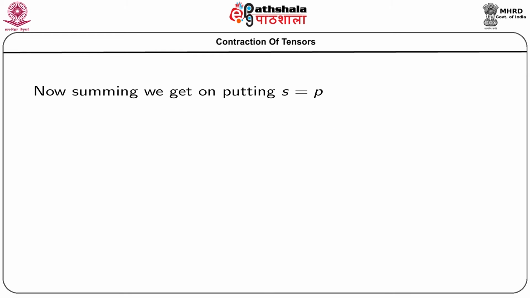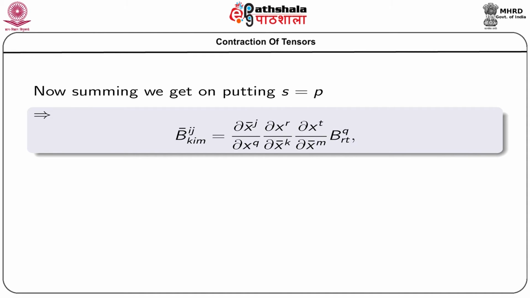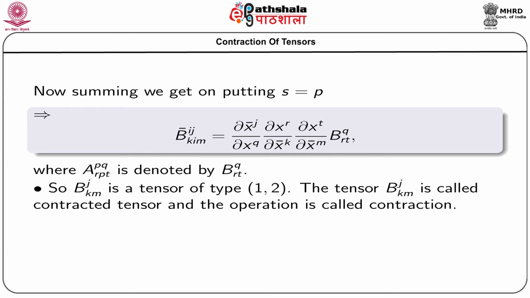So which takes the form, if we take S equal to P, B bar ij k m equals to this one, del x bar j, del x q, del x r, del x bar k, del x t, del x bar m, B q r t, where A p q r p t is denoted by B q r t.